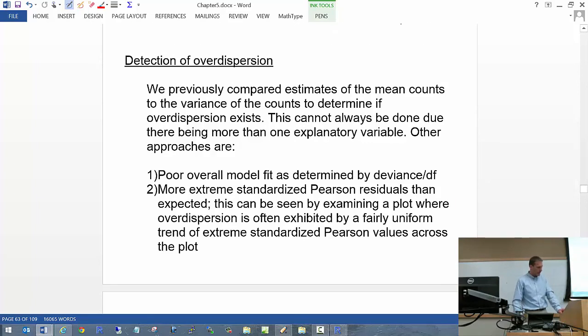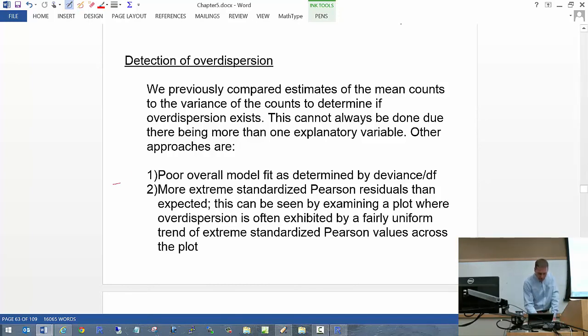Okay, so let's talk about detecting overdispersion. We talked about an ad hoc way already. Here are 2 other ways to do it, one that we've already kind of talked about. And there are going to be some more ways that we will see once we talk about these different kinds of models.